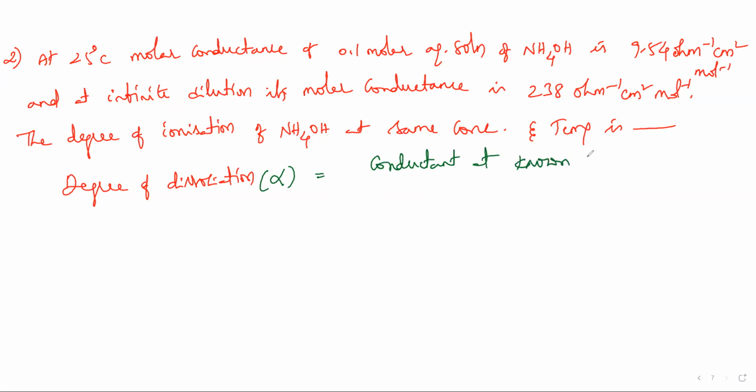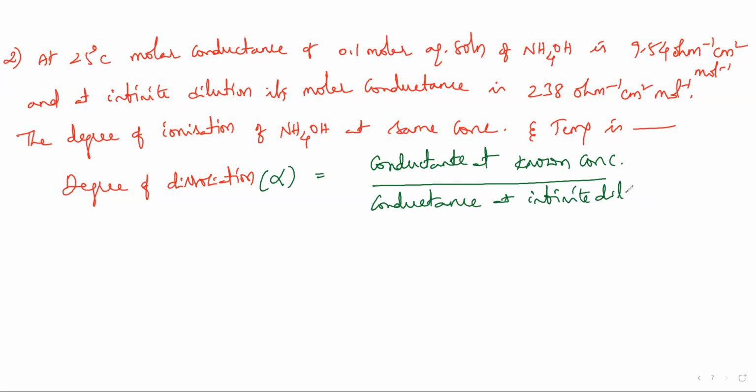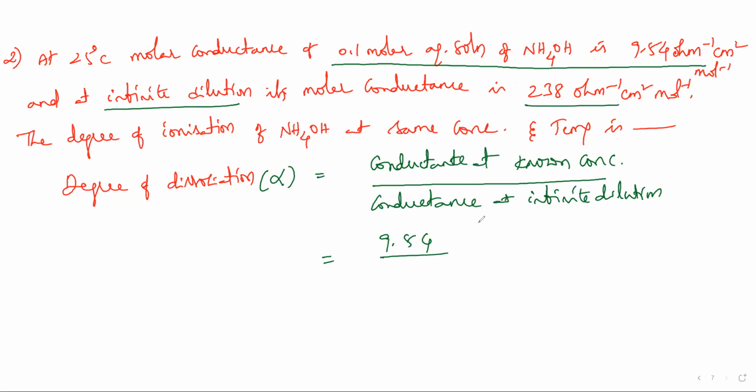conductance at known concentration divided by conductance at infinite dilution. Here 0.1 molar is the known concentration, and this is the conductance, that is 9.54. Conductance at infinite dilution is 238.